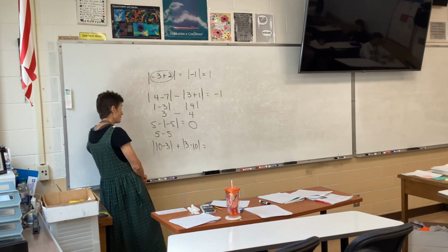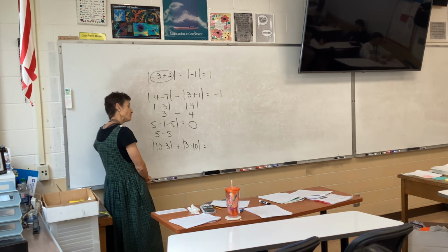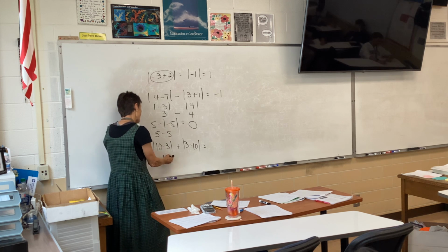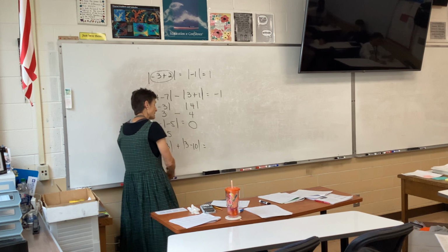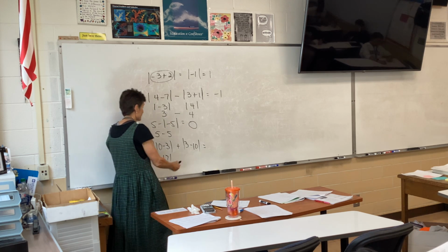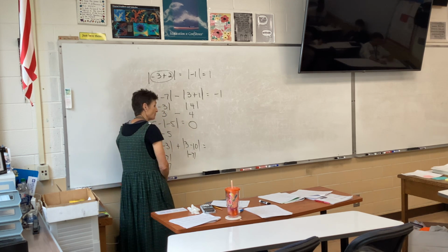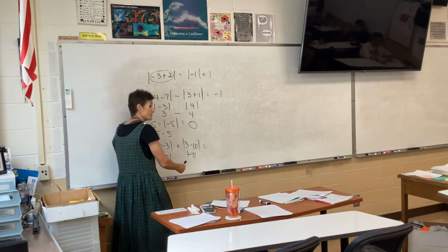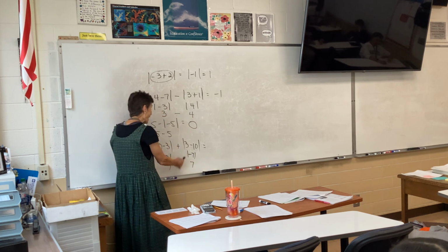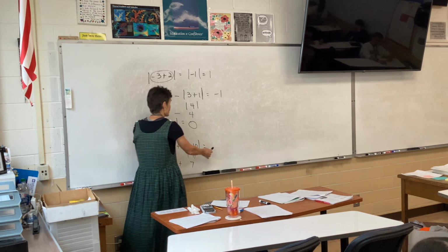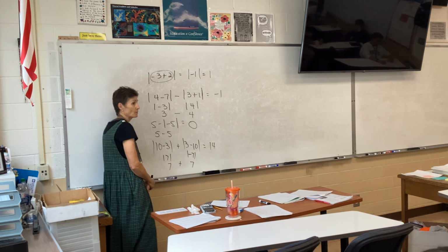All right, last one. 10 minus 3. 7. Absolute value of 7 is? 7. 3 minus 10. -7. It's -7, and the absolute value of that is also 7. And we're adding them this time, so our answer is 14.